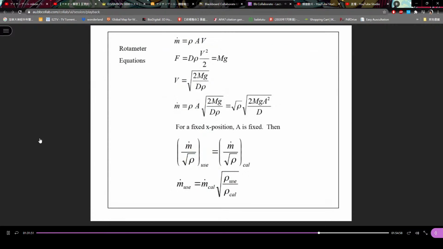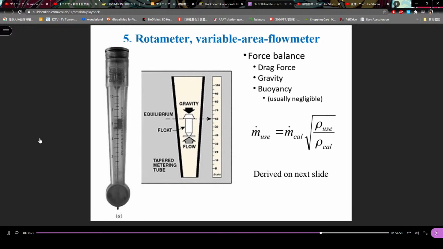And this equation is very easy to derive because there is only a change of cross-section area. You can find the mass flow rate here according to the density of the flow and the density of the float, two different densities, because the float density is different.